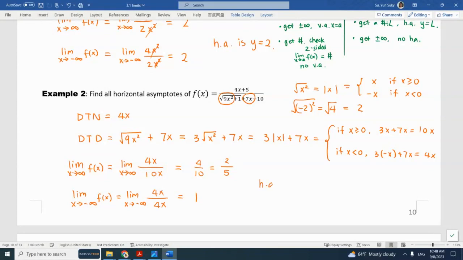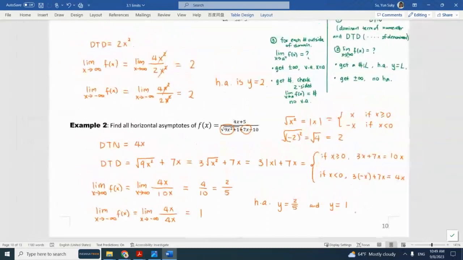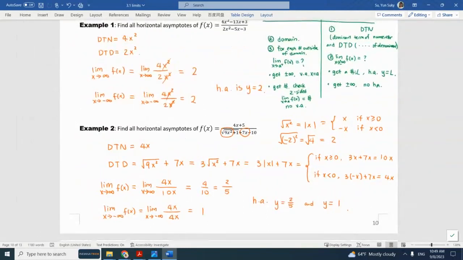So we have two different horizontal asymptotes. They are what? Y equals 2/5 and what? Y equals 1.